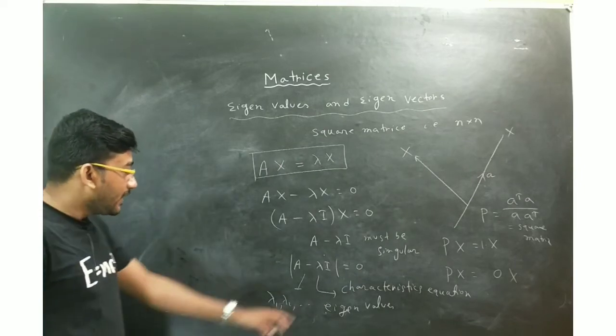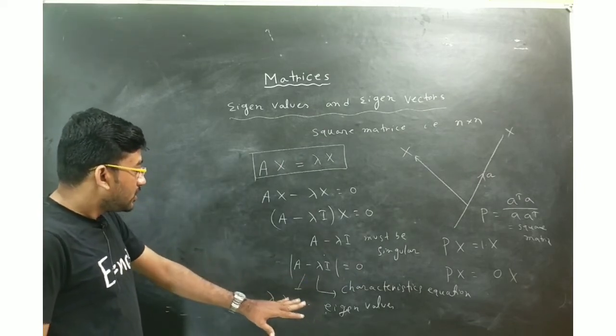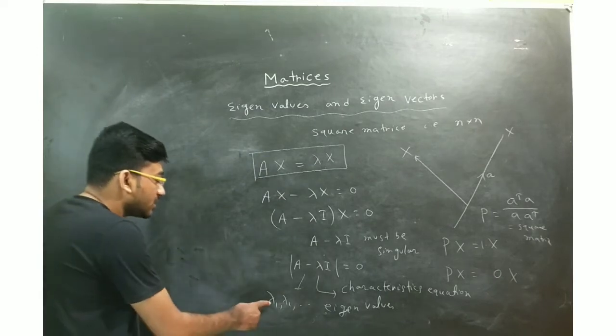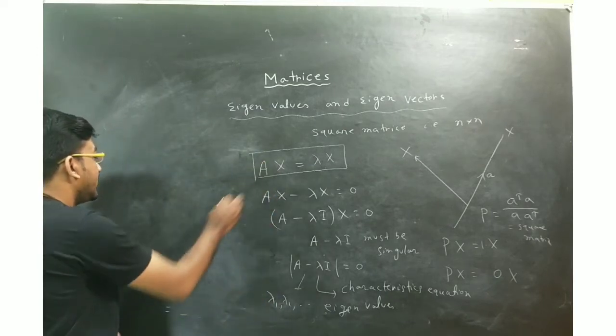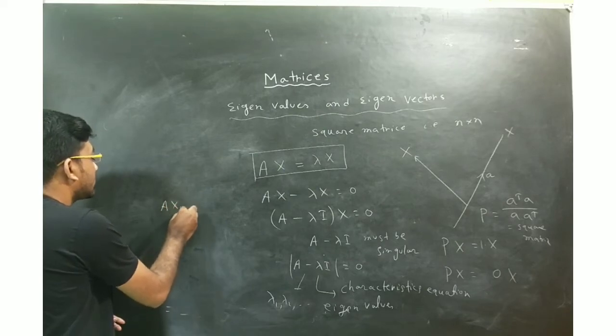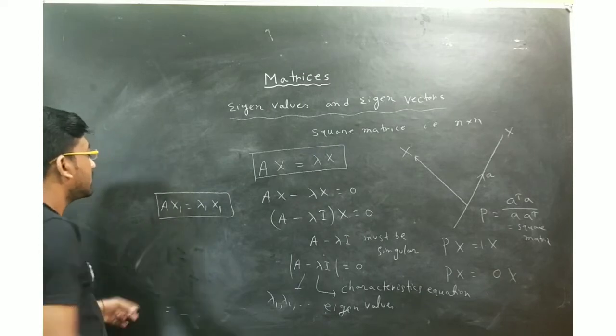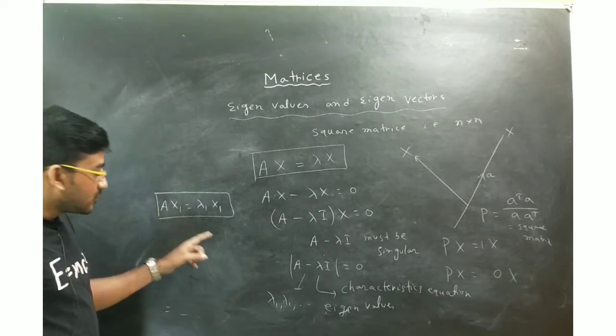And you can find out the eigenvector also corresponding to this eigenvalue. So if you want to find out the eigenvector corresponding to lambda 1, that is x1, you have to solve this equation. If you solve this equation, you will get x1 corresponding to lambda 1.